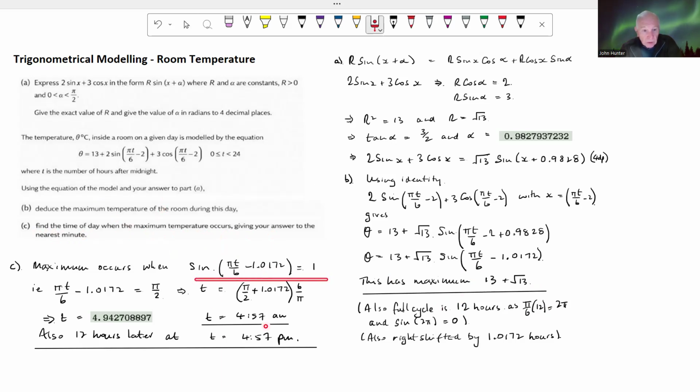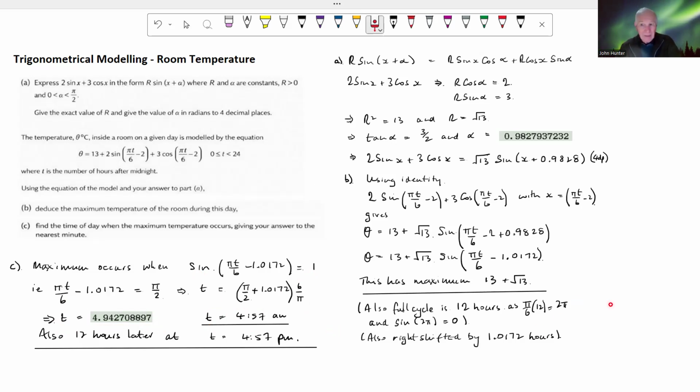That's going to give us that the argument of this function is equal to the arc sine of 1. We'll take pi by 2 as being the primary solution, and therefore t is equal to that. That's just rearranging, and therefore t equals this, and t equals 4:57 a.m.